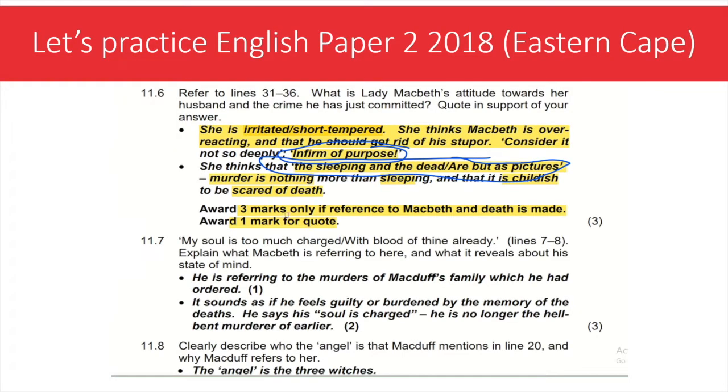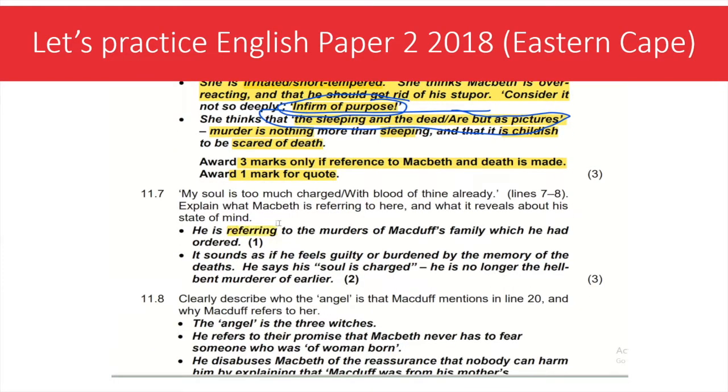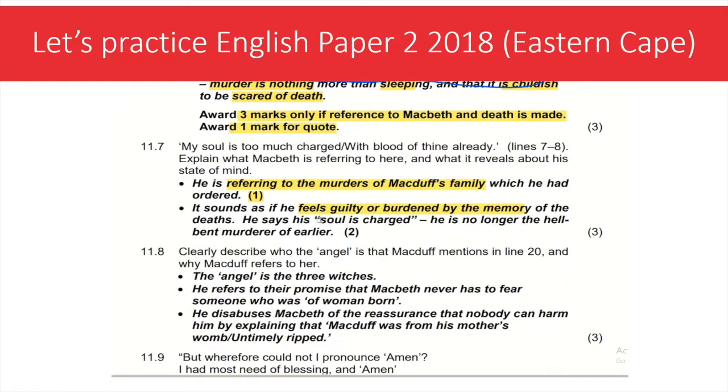So let's have a look. So he's referring to the murders of Macduff's family for 1 mark, and he sounds as though he is guilty or burdened by this memory, that his soul is charged, that it is no longer the hell-bent murderer he felt like earlier in the play, and that will be for your 3 marks over there.